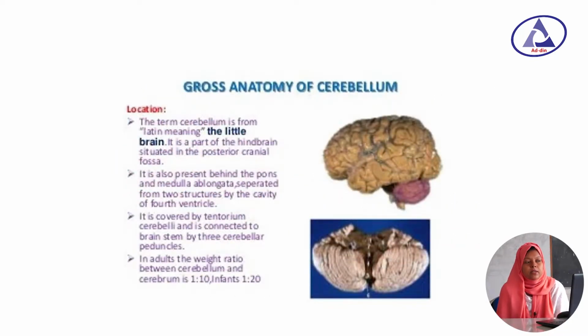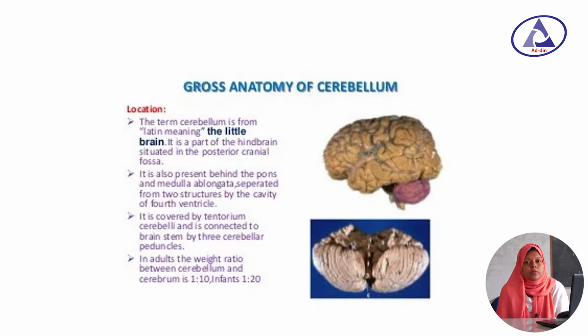Gross anatomy of the cerebellum, the location. The cerebellum lies in the posterior cranial fossa and it is in the hindbrain. It is also present behind the pons and medulla oblongata, separated from these two structures by the cavity of the fourth ventricle. এর মানে হচ্ছে cerebellum hindbrain-এর একটি অংশ এবং এটি সাধারণত posterior cranial fossa-তে থাকে, যেটি pons এবং medulla oblongata-র পিছনে থাকতেছে.